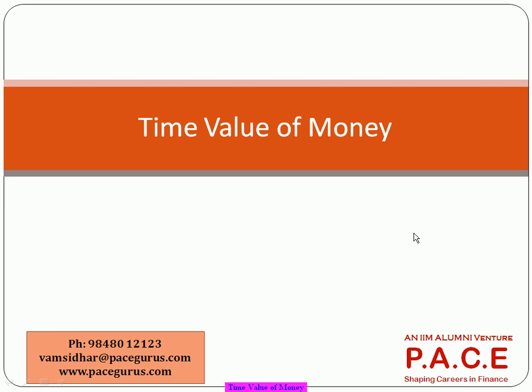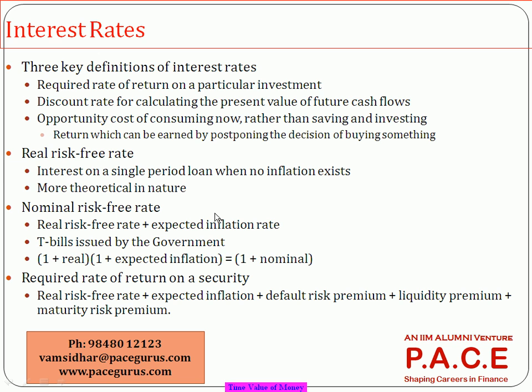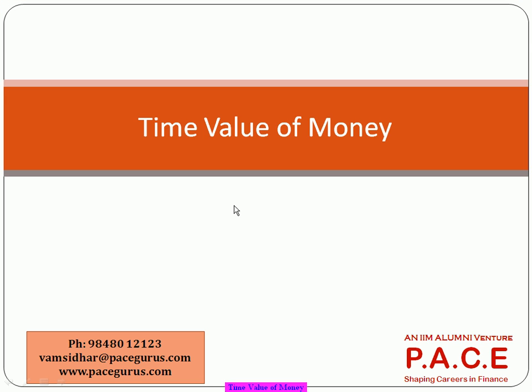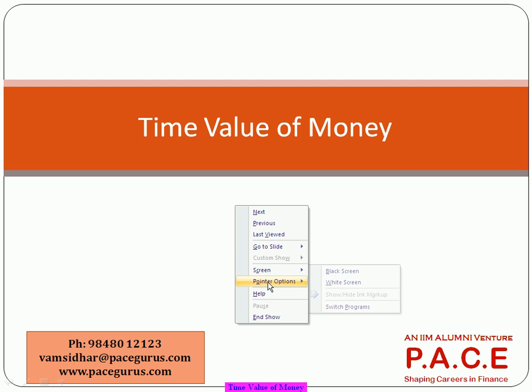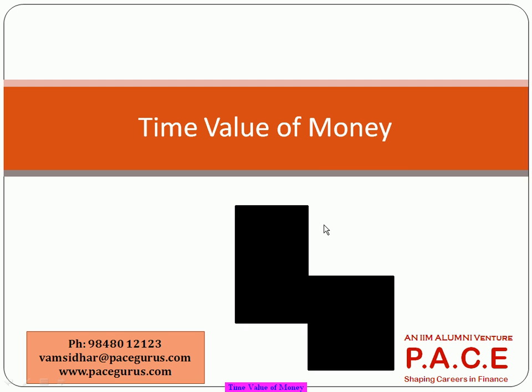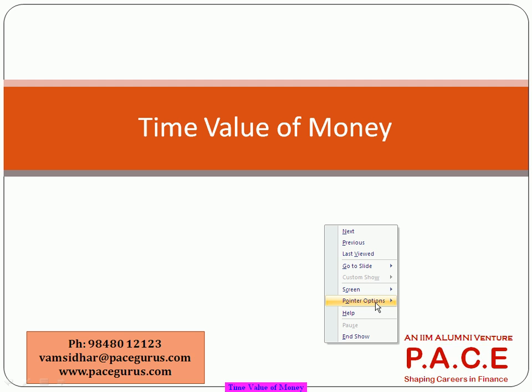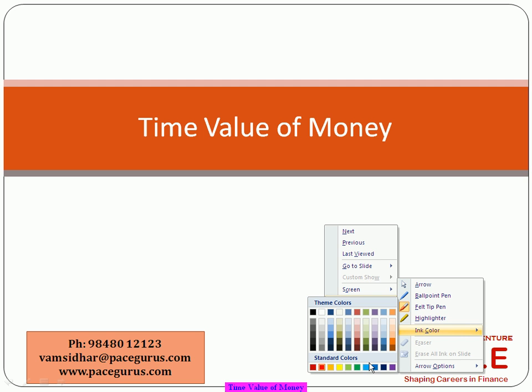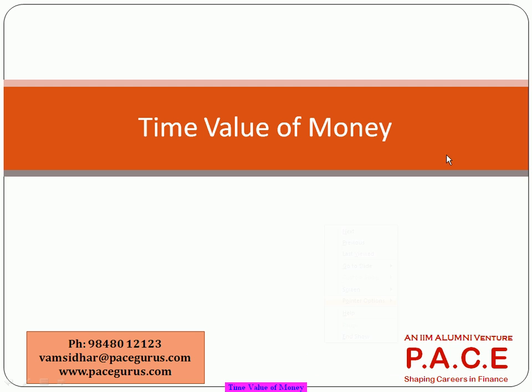Say I'm investing some 100 crores today in some assignment. There are two assignments that are available to me.